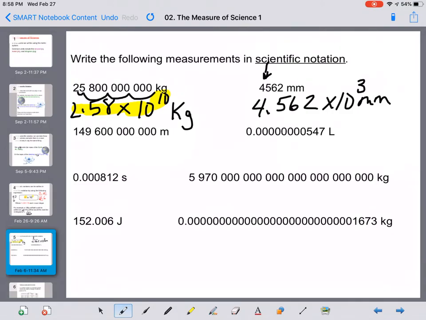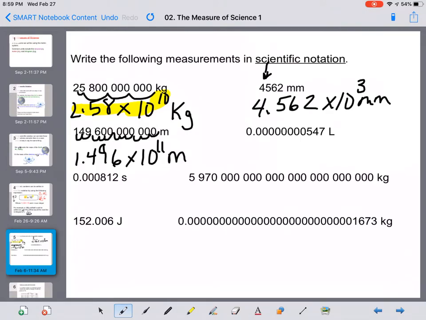In our next example, I've got to jump 1, 2, 3, 4, 5, 6, 7, 8, 9, 10, 11. So 1.496 times 10 to the 3, 6, 9, 10, 11 meters.